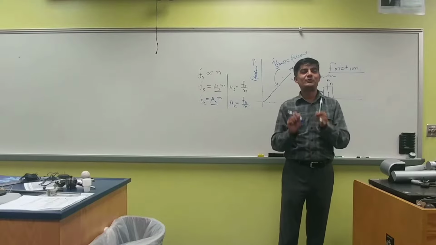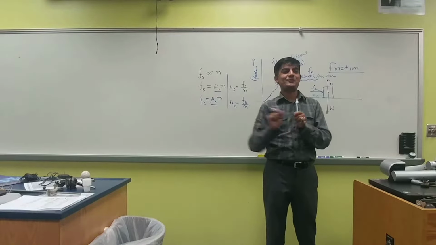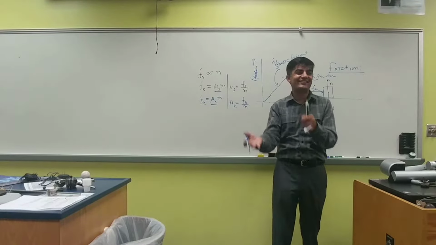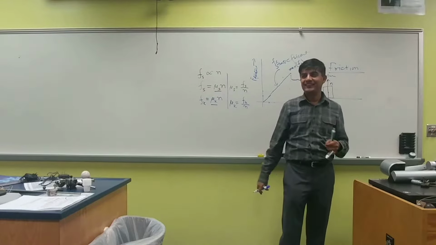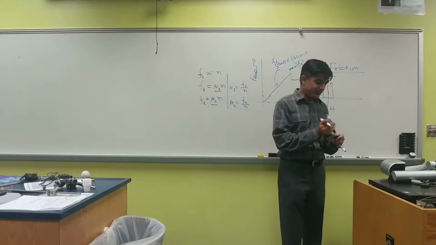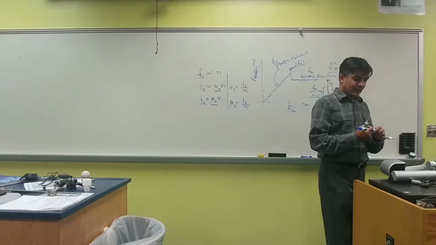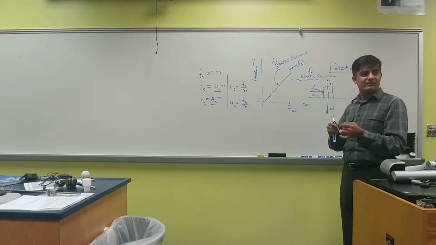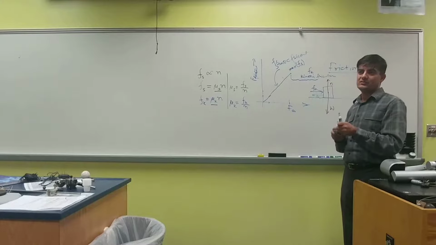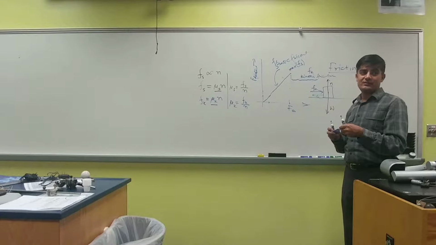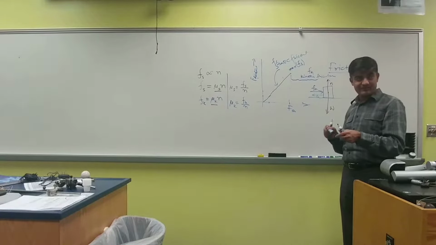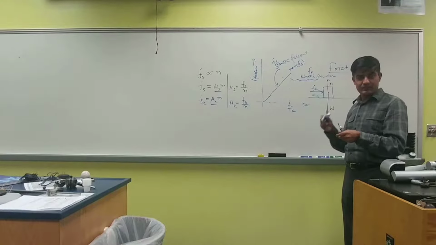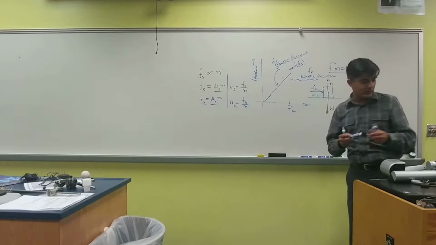So if you have the same distance, more force means more energy, or more work done. It's almost similar. But the point here is static friction has more force. That's the reason why the coefficient of static friction is high, and the coefficient of kinetic friction is lower.